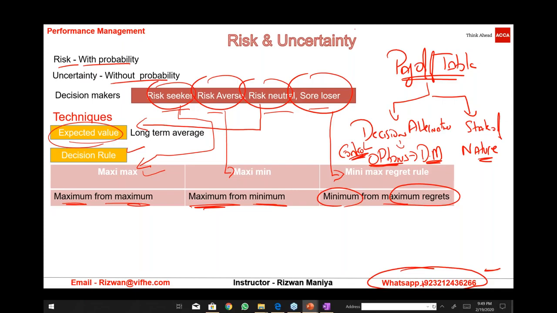Okay. So DA is something that is in the control of the decision maker. Now you need to keep this in your mind that something that is in the control of a decision maker is known as decision alternative.